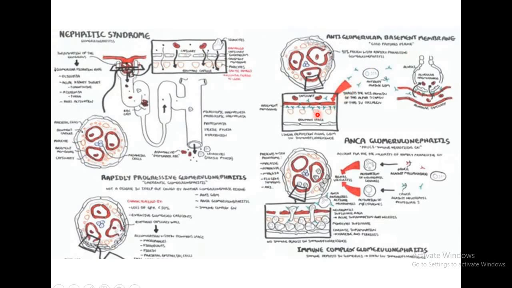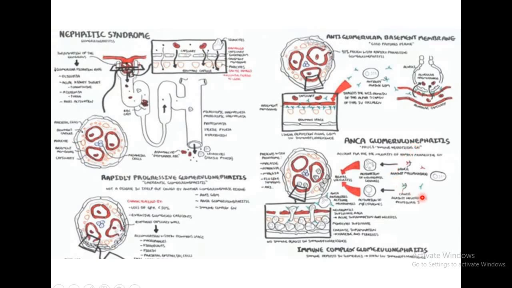Here there are antibodies against the antigens in the glomerular basement membrane, and if this disease affects the lungs also, it is called Goodpasture syndrome. Here we see linear deposits on immunofluorescence, and 90% of these cases will end up in rapidly progressive glomerulonephritis.